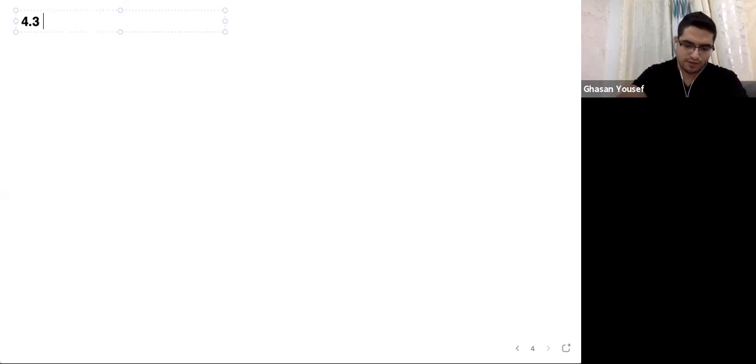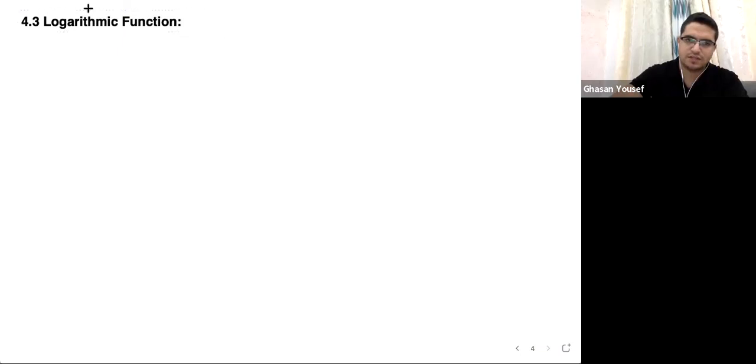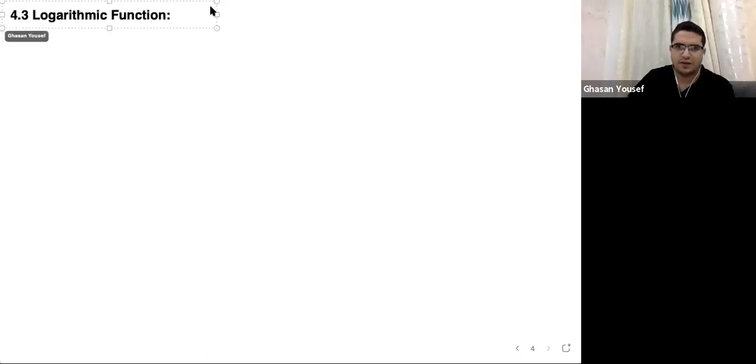So here is 4.3, logarithmic functions. In the first section, we talked about the exponential function. Today we're going over the logarithmic function.